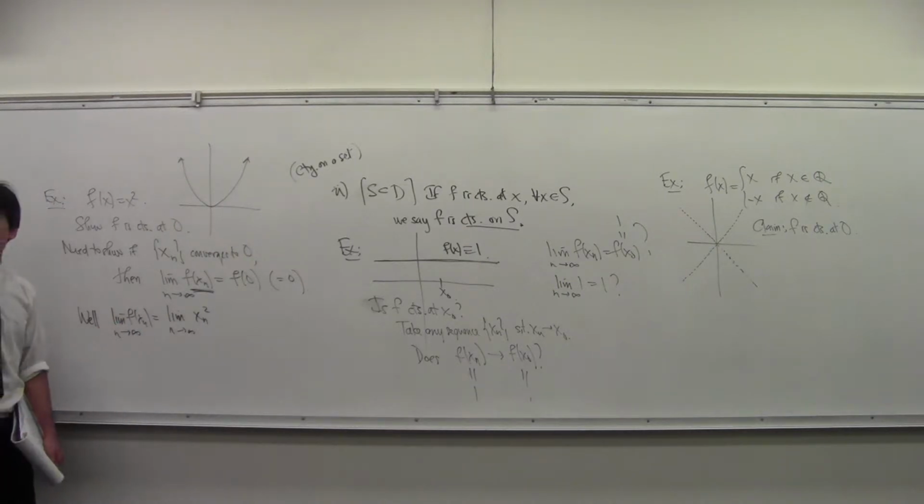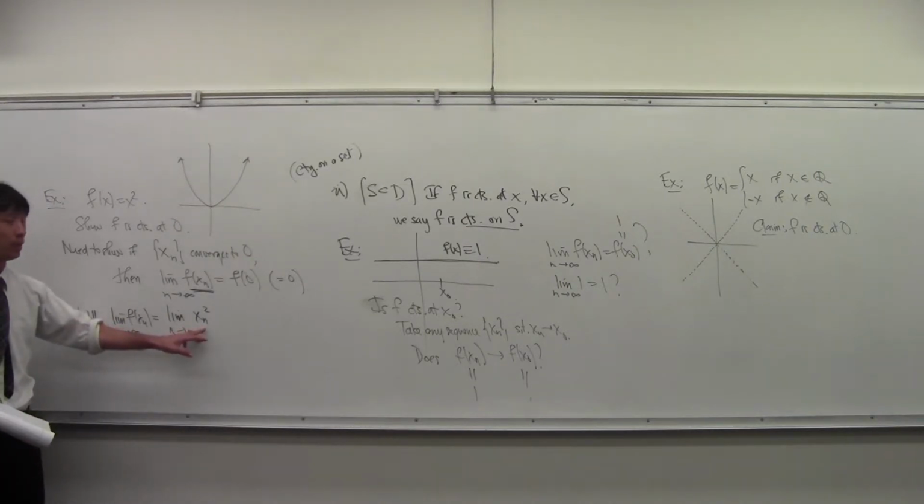And so why is the limit equal to 0? Because as n goes to infinity, xn goes to 0.